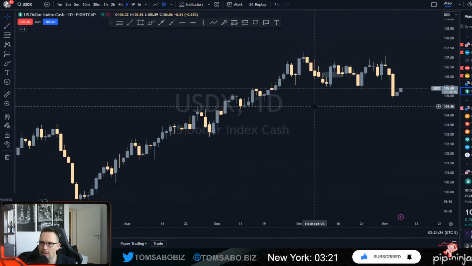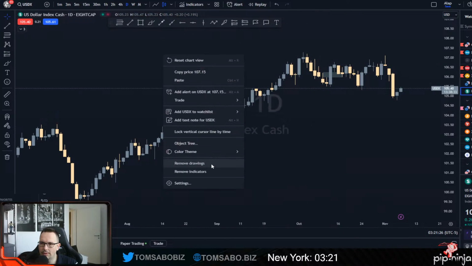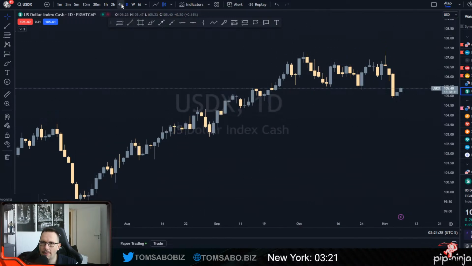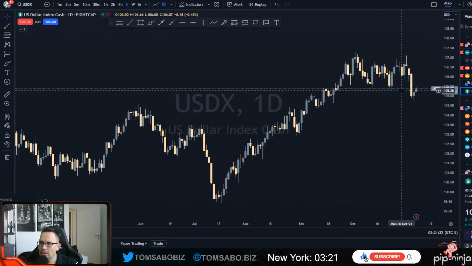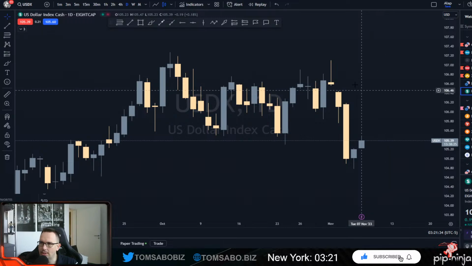Let's check the dollar index as well. Dollar index broke structure yesterday, but we still have a gap here.